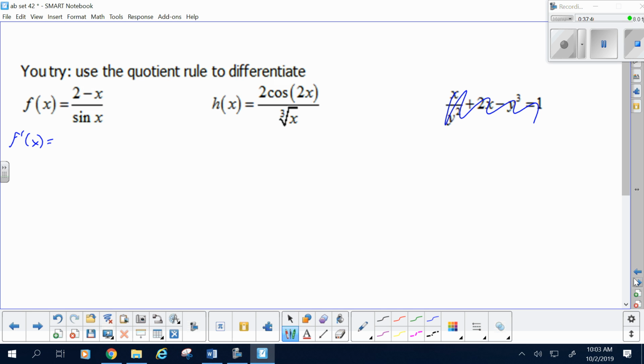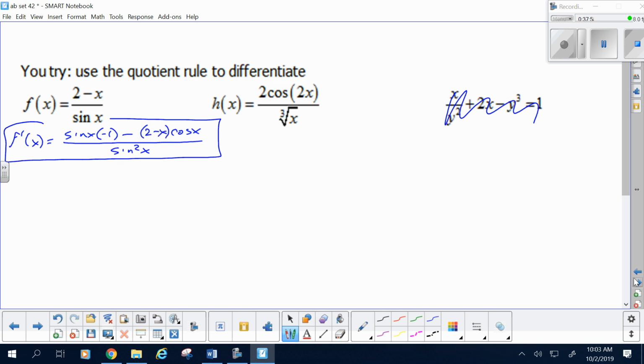You should have that prime equals on the side. Did you get the first one? Sine of x times -1 minus 2 minus x times cosine of x over sine squared. You good? Yep. Okay, try the next one. Next one's got a little bit of chain rule in it, but I think you can handle it.